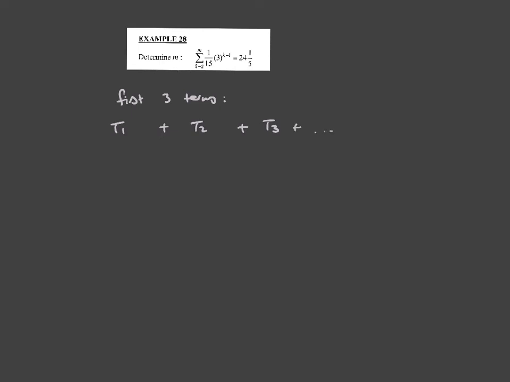So the general term is a 15th times 3 to the power of k minus 1. Let's just keep on writing that throughout. I'm going to be a bit lazy. What we're going to do is the counter starts at 2.